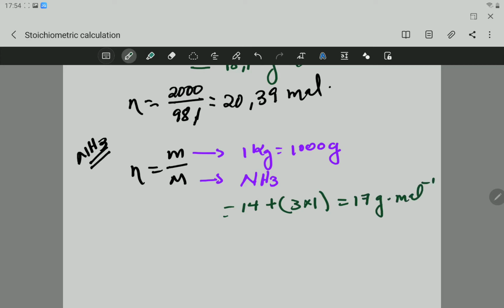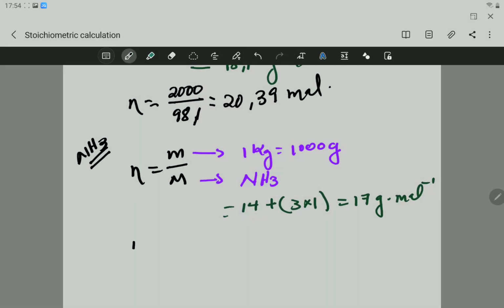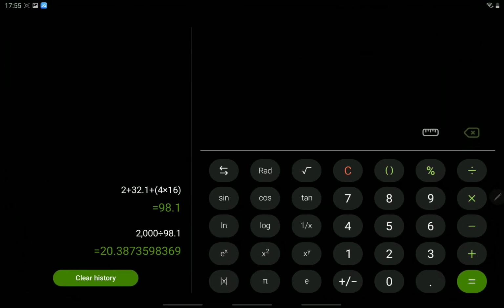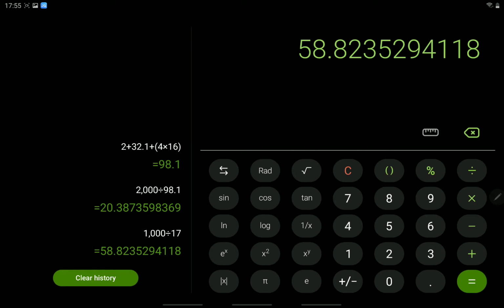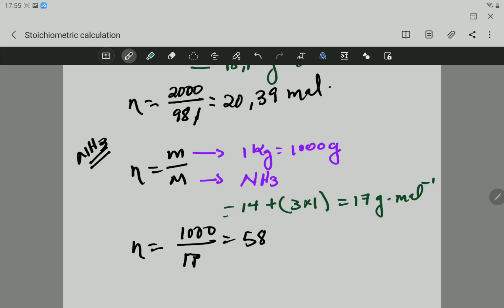Right? So now we can calculate the number of mole of ammonia. Number of mole is equal to 1000 divided by 17. Let's go to the calculator. 1000 divided by 17 gives me 58,82 mole.